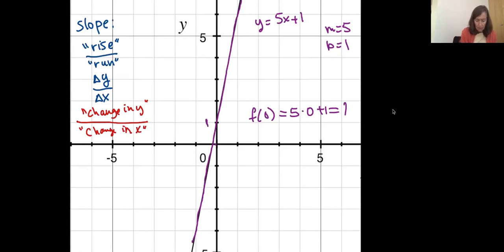Well, if we have 2 points, x1, y1, and x0, y0, we just take the differences.